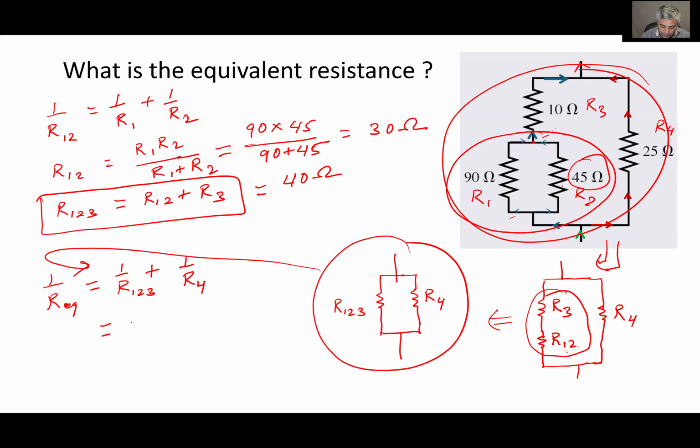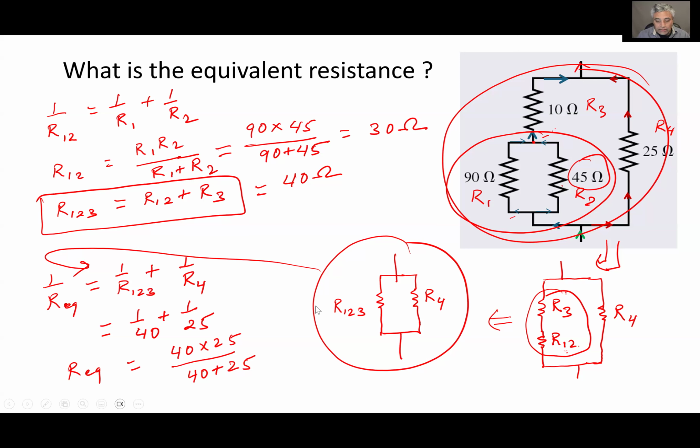That means 1 over 40 plus 1 over 25. So R equivalent in this case is going to be 40 times 25 over 40 plus 25. Okay. So that's how we can do it.